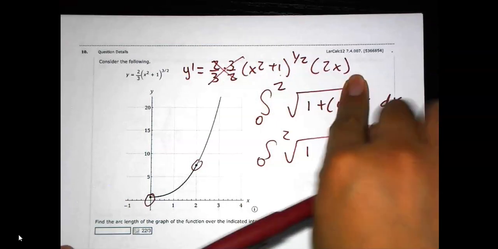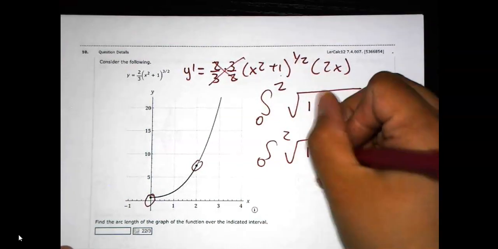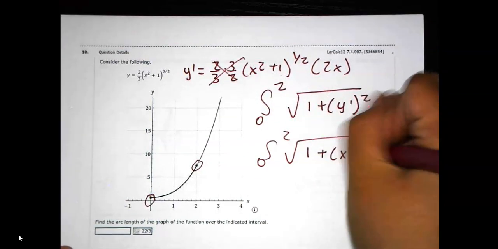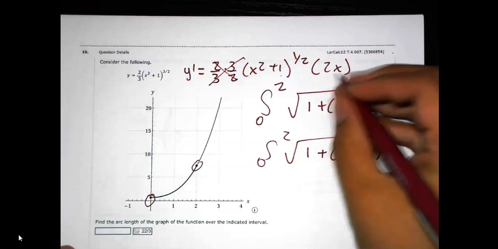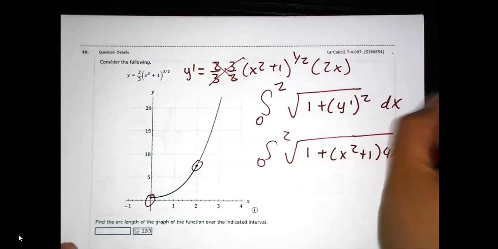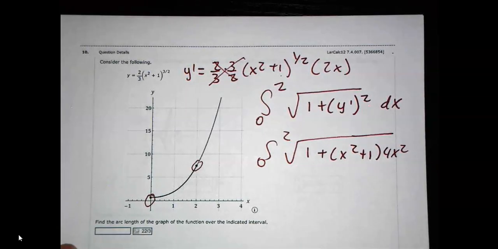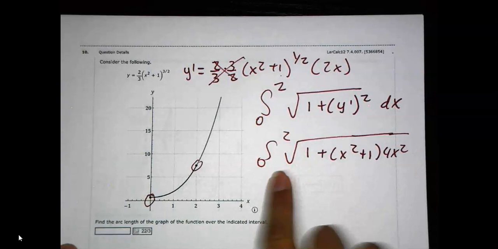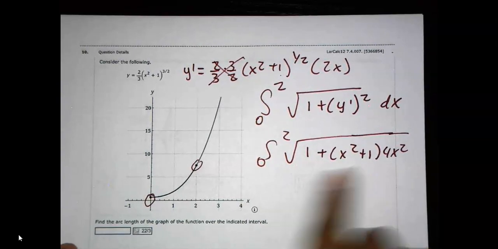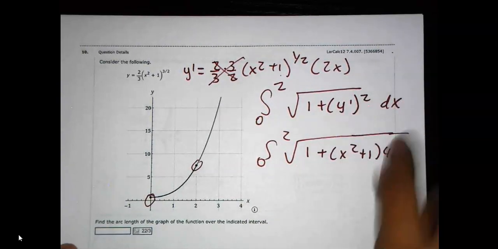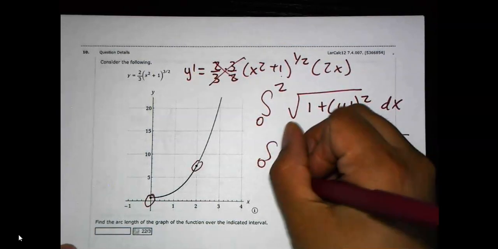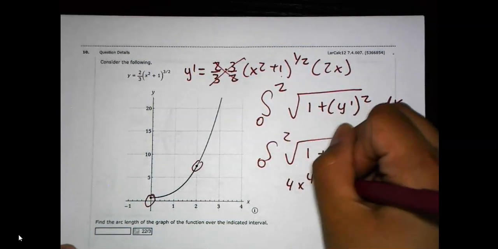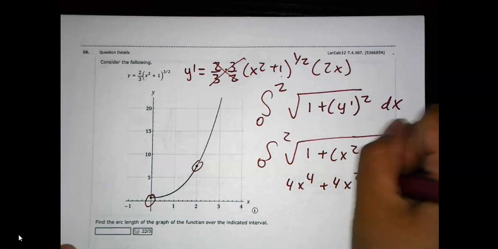So when we square this, the square root and the square cancel. So we have x squared plus 1. This one becomes 4x squared. So we need to simplify that. When I distribute this one times this one, it is going to be 4x to the 4th plus 4x squared plus 1.